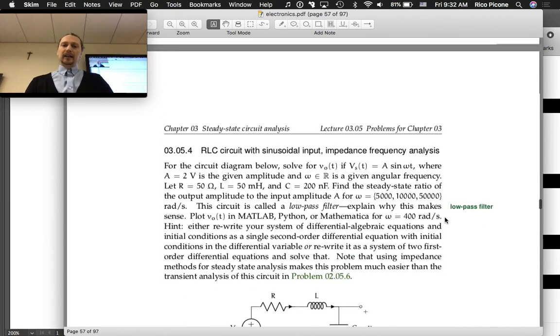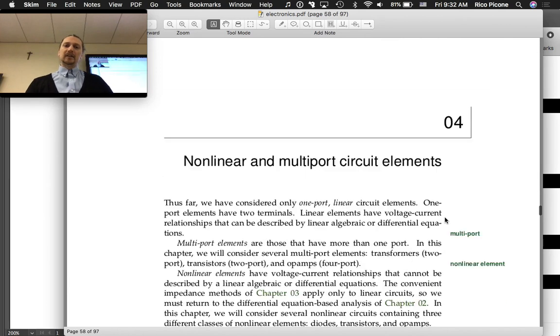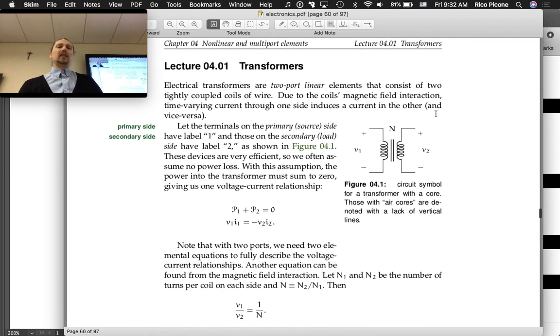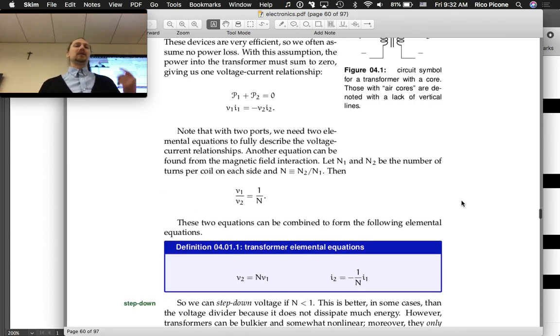And then finally in Chapter 4, we said, okay, what about a transformer? It's got 2 ports now. So instead of just having 2 wires sticking out of it, it's got 4 wires sticking out of it. And transformers allow us to trade off voltage and current for a time-varying signal, right? Typically an AC signal.